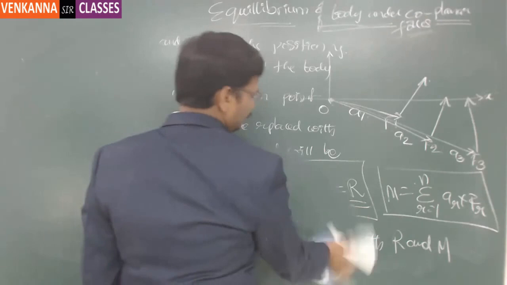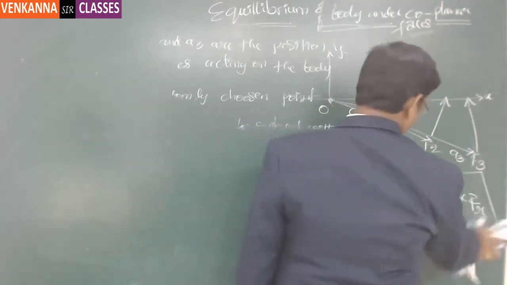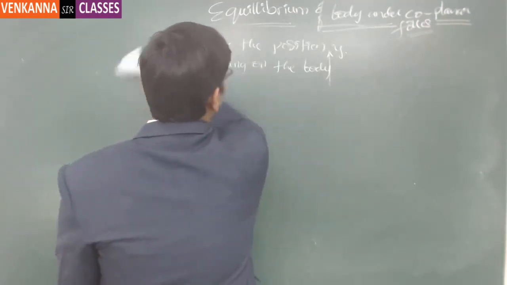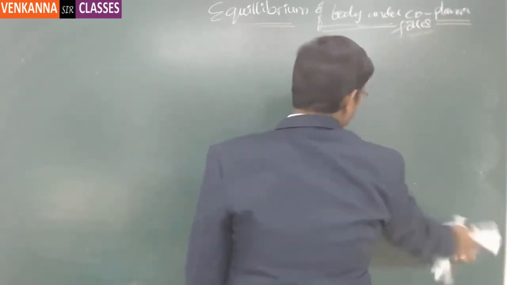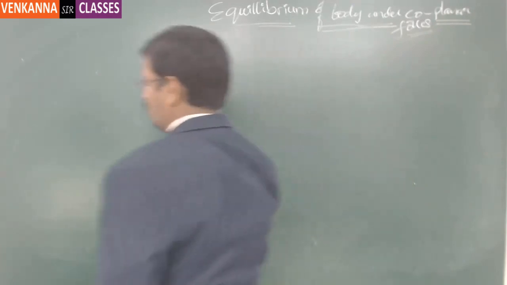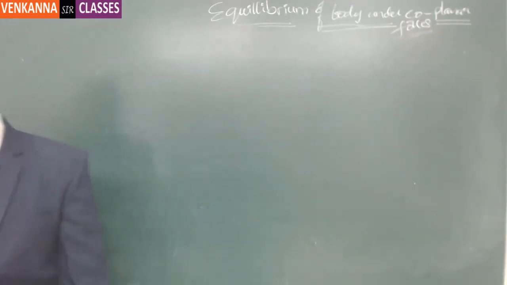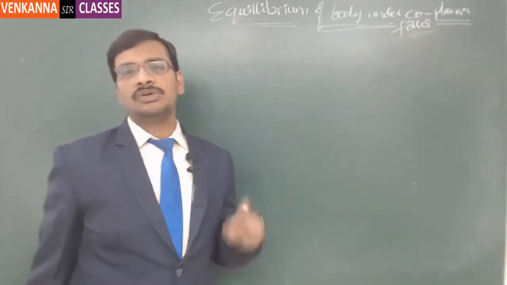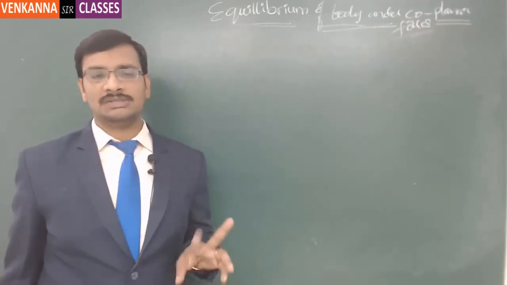So this is the base rule to understand the equilibrium of forces in the coplanar case, because we are going to deal with multiple forces. If it is one force, you can straight away make out the system is not under equilibrium. If there are two forces, then you can simply calculate the resultant force and the resultant moment, and then assure whether the equilibrium nature is there or not for that system.